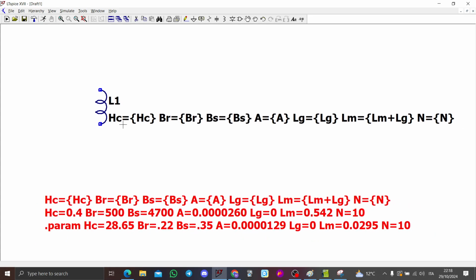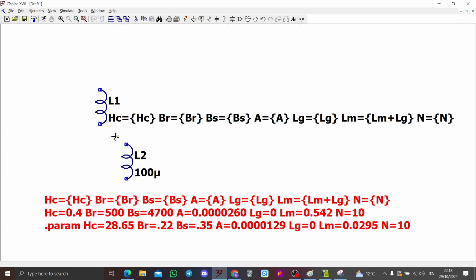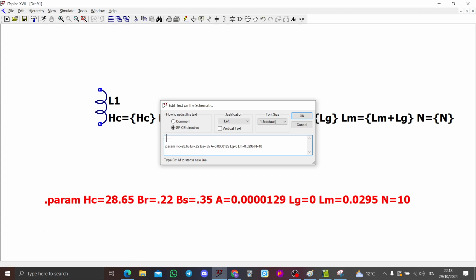Instead of writing L equals 100 micro, for instance, you write these parameters here. Of course, you have to cancel that from it. Let's cancel this also, and put it as a comment.